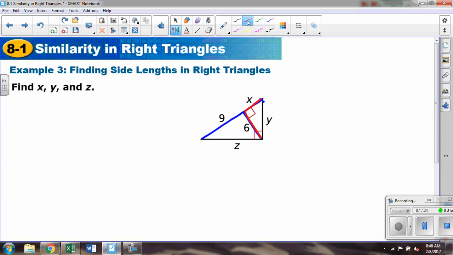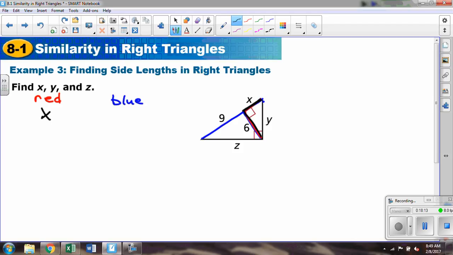In particular, I know that I've got my small red triangle and I've got my medium blue triangle. In order to match these pieces up, and here I'm going to choose to actually write it out in black, the short leg has to match up with the short leg. So with my red triangle, x is the short leg. What's the short leg in the blue triangle? That's 6.